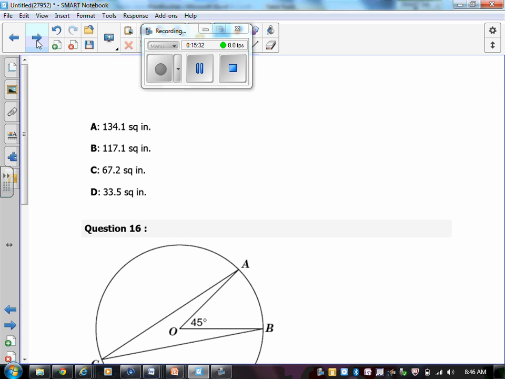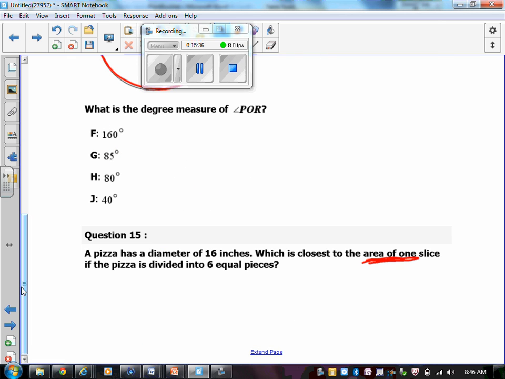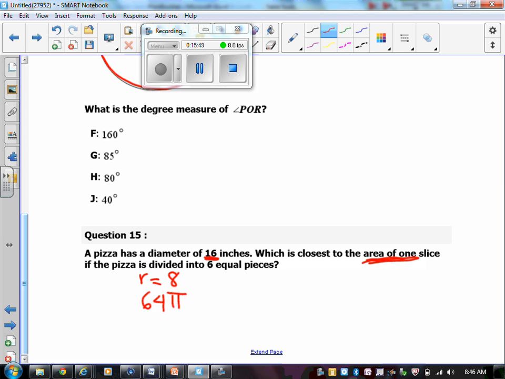I thought they were going to give us a picture of the pizza, but no. So the radius is going to be half of the diameter, which is 8. So it's going to be 64 pi for the whole area of the circle. And I need to divide it by 6. So all you have to do is 64 pi divided by 6.